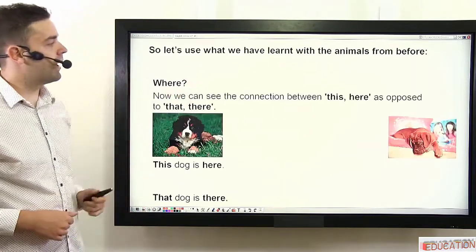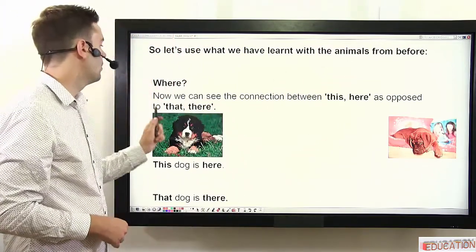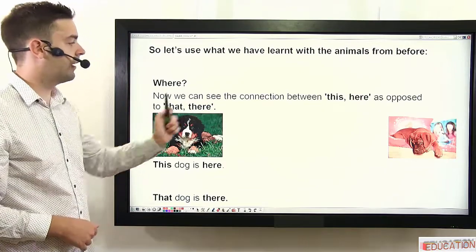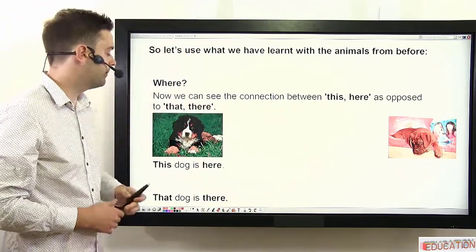So let's see what we have learnt with the animals from before, okay? Now we can see the connection between this here as opposed to that there.